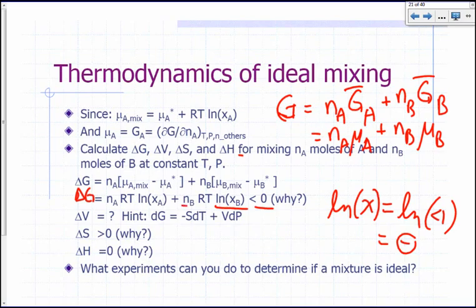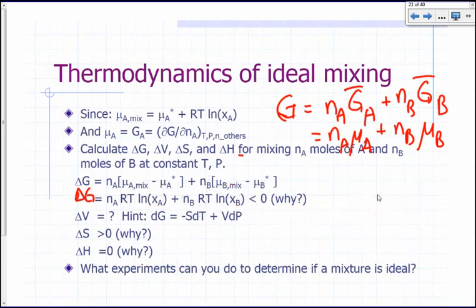And moles are positive, R is positive, T is positive, while the natural logs are negative. So the entire expression will add up to a negative number. In other words, the Gibbs free energy change for ideal mixing is negative. So if two components form an ideal mixture, then the mixing of the two is a spontaneous process. Delta G is less than 0.